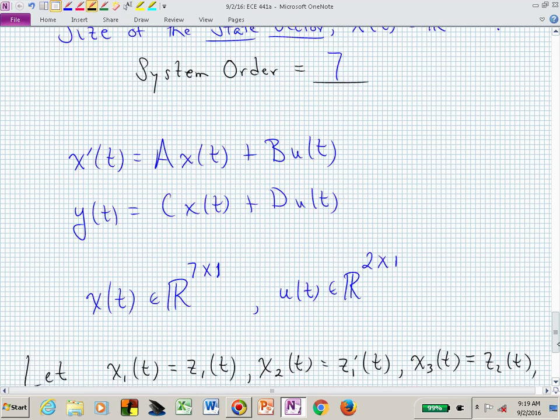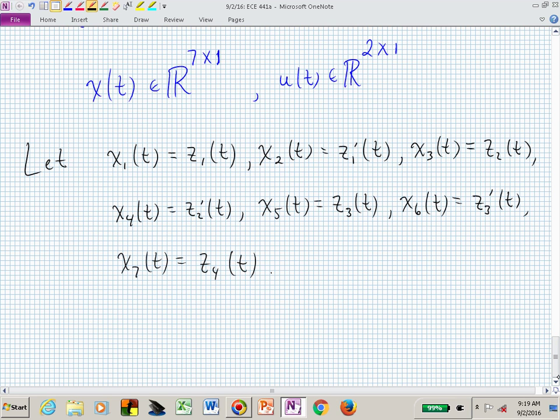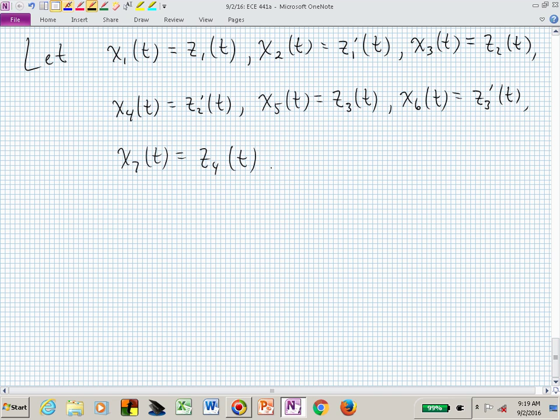Now what we haven't done yet is identified any outputs in this system, any y's. Depending on what you're working on, that may already be given, or maybe you now have to design a system and you have to specify what sensors you're using or what variables you're now calling outputs.